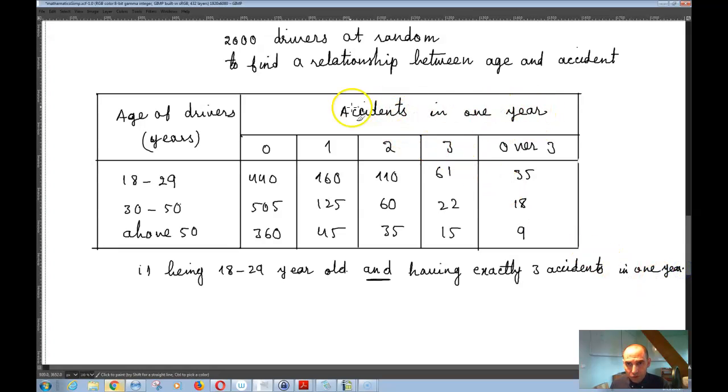So these are all accidents in 1 year, so I don't need to worry about this part of the question, right? This is already taken care of.